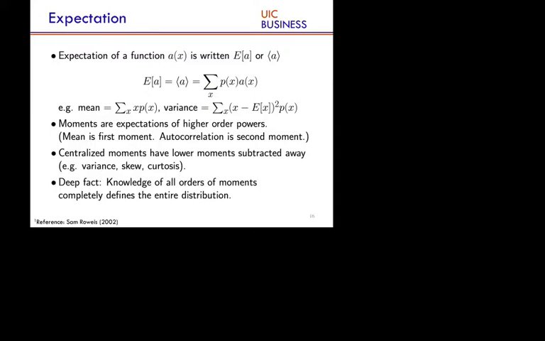One of the things that you may or may not know is that if you know all order moments, then it completely characterizes the distribution of your random variable. We are just going to accept it as a fact, but this is non-trivial. Whatever we have said till now is just definitions, but this is saying that if you knew all the moments of a random variable, then you are characterizing the distribution of the random variable.